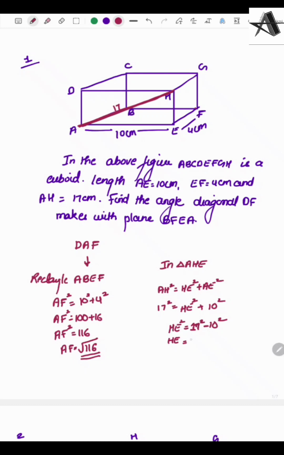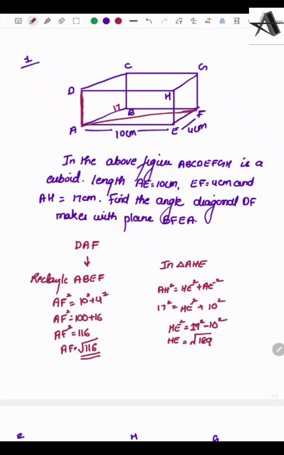Finally HE is root 189. Coming back to this one, HE and DA are the same because opposite sides of a rectangle are equal.